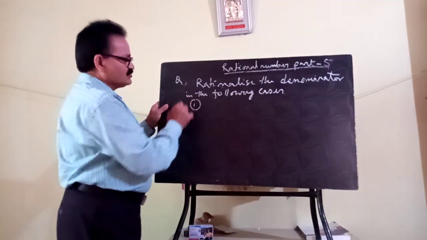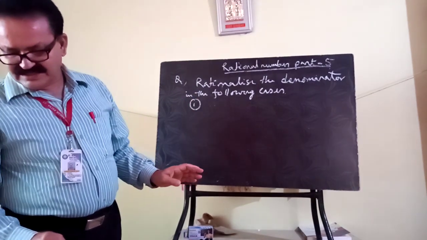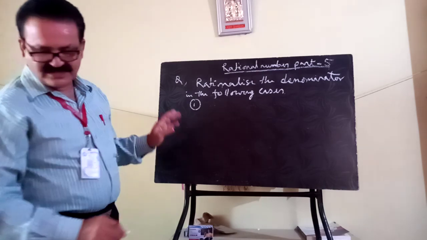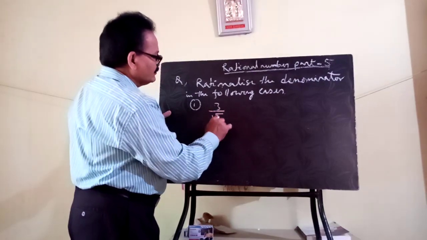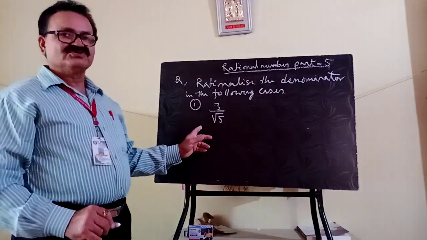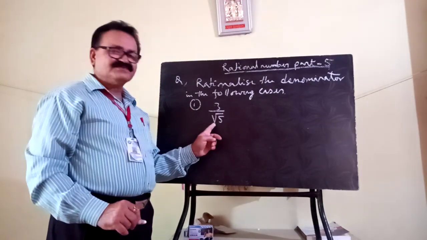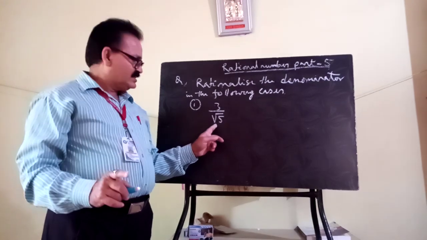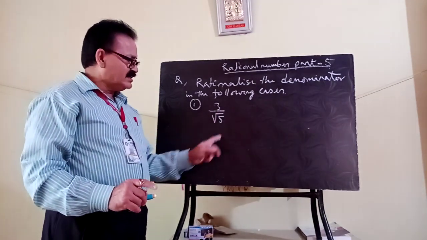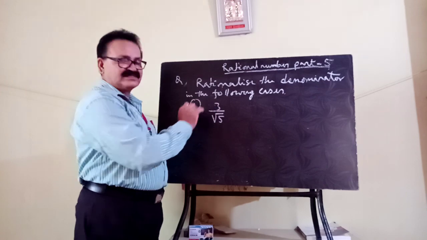Question number 1 is 3 divided by root 5. Here the square root of 5 is an irrational number, so the denominator is an irrational number. This is the denominator, this is the numerator.